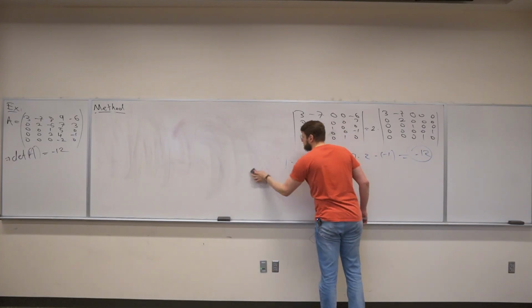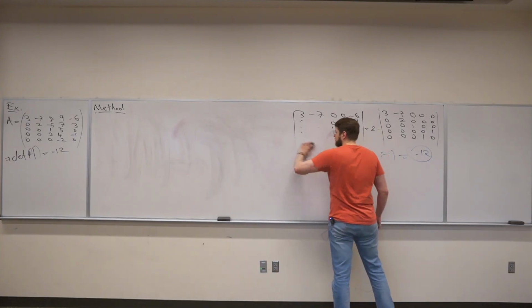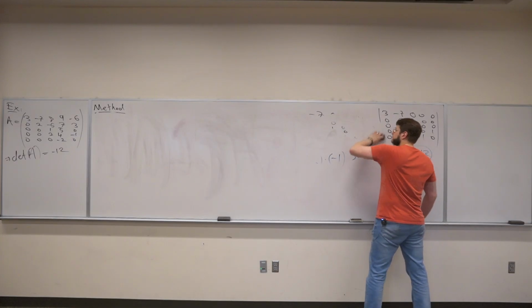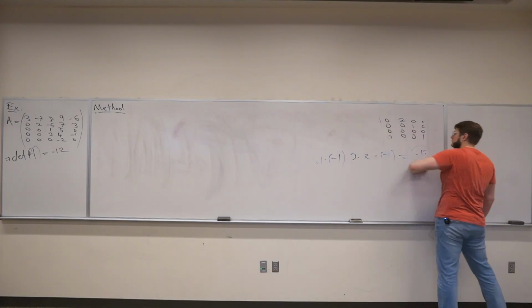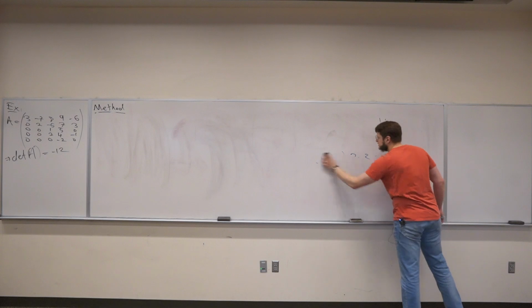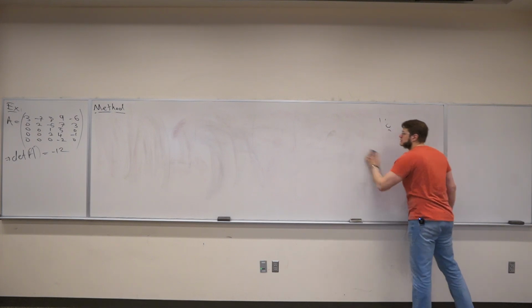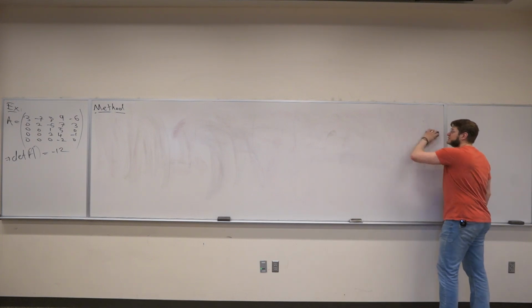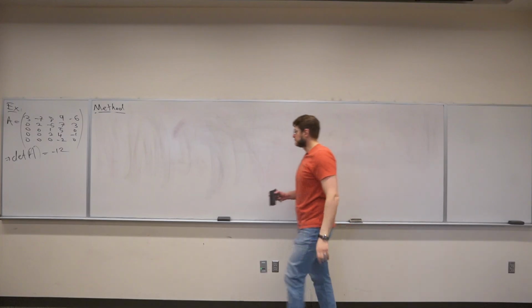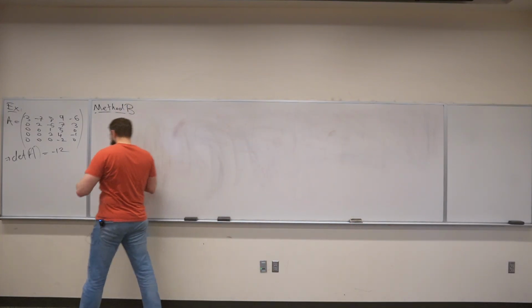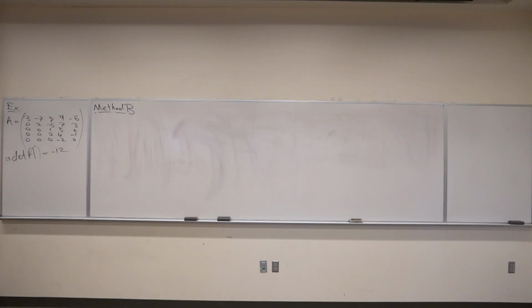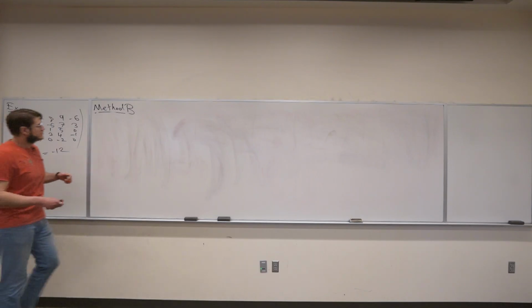In my opinion, there are more things to keep in mind to perform this cofactor method properly. I would recommend that you just stick to this row reduction method. Works perfectly well with things that you've been doing since week 1. Method B, cofactor method. This works for any n by n.